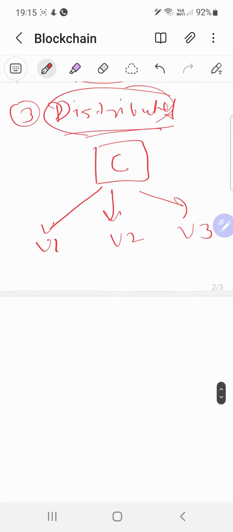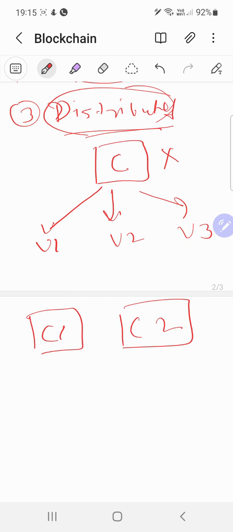Now to explain the concept of distributed database, we don't have one centralized computer here. We can have multiple computers. Let's talk about a very hypothetical world where we only have two computers, and we are connecting these two computers. Both of these computers have some database, and let's assume these two databases are connected in some intelligent way.